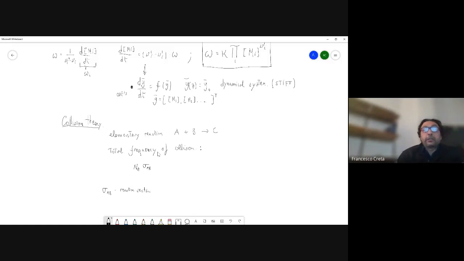Then clearly you will have to have some function of the temperature, right? Because the higher the temperature, the higher the vibration frequency, so we expect a higher frequency of collision. And so you will have this expression here. There is a Boltzmann constant here also, the temperature, as we expected, there's a square root. Clearly, we could derive this, but this is not a course in kinetic theory of gases.